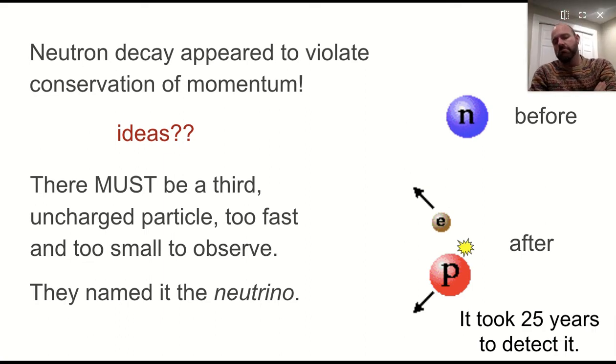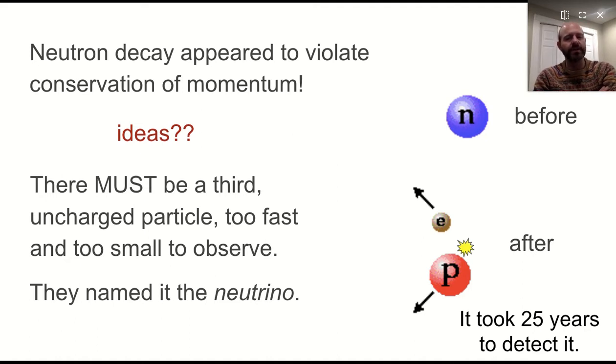Hopefully you'll see this after we go through our definitions of momentum: if the object was at rest in the beginning, then the whole system must have a net momentum of zero at the end.